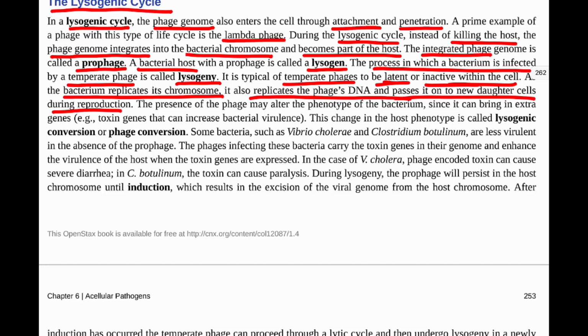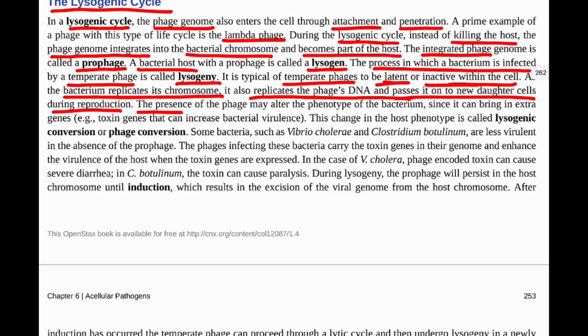They're going to copy their DNA so that they can put it into the other bacteria cell. When it does that, it's also going to copy the phage's DNA because it's within its own chromosome. And then when it splits off, the daughter cell already has that DNA in it.